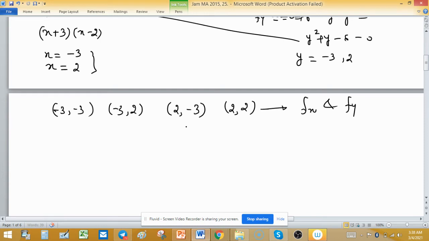If some point does not make fx and fy both 0, then it will not be a critical point, as our combination of coordinates may be wrong. But anyhow, we got these critical points.